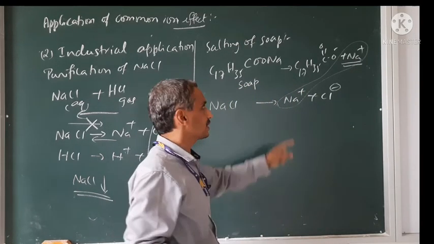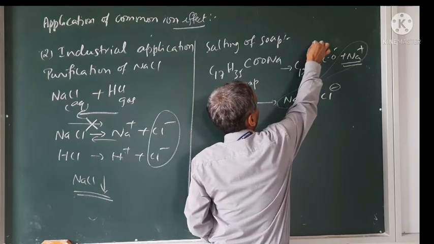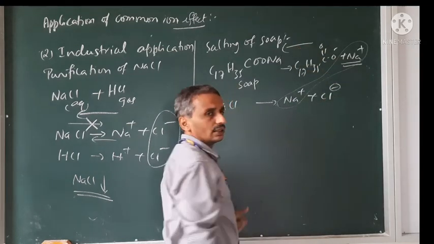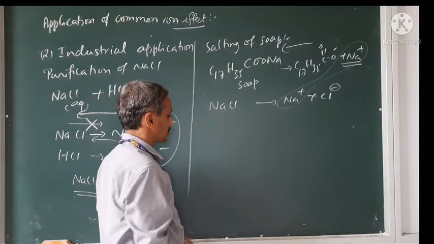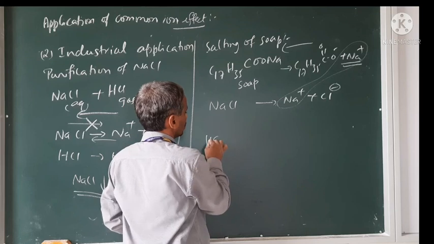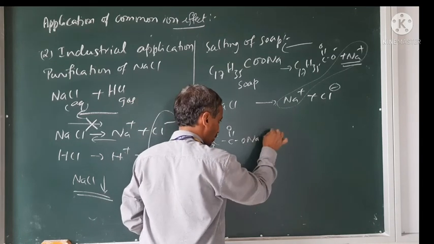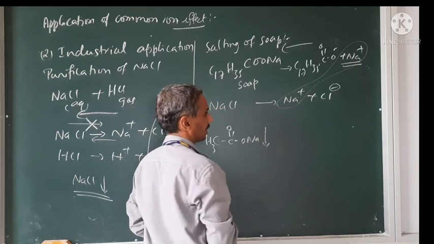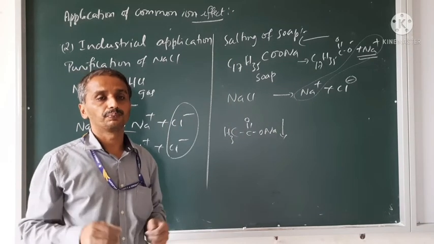Na plus concentration increases means the product concentration increases. So the reaction is shifted in the backward direction, to the left, means the dissociation of the soap is suppressed, it gets precipitated, and this is salting out of soap.